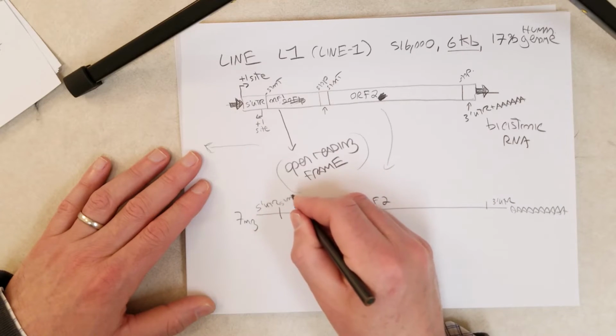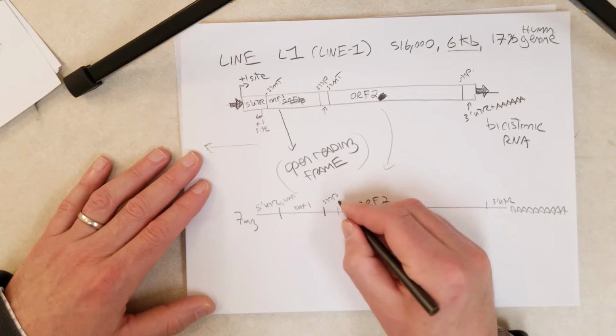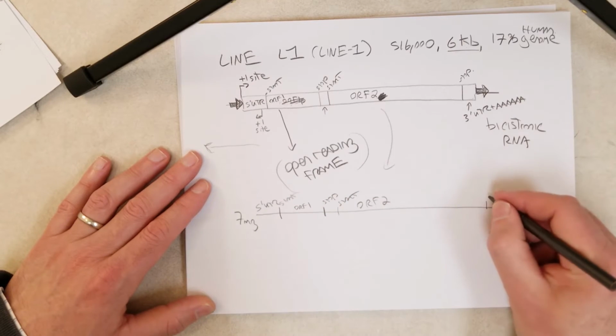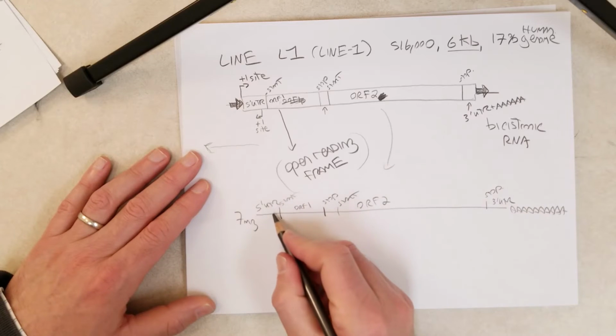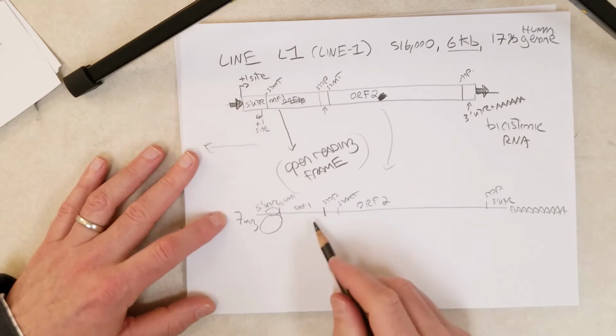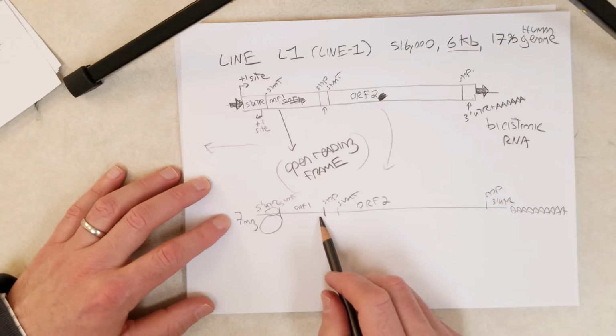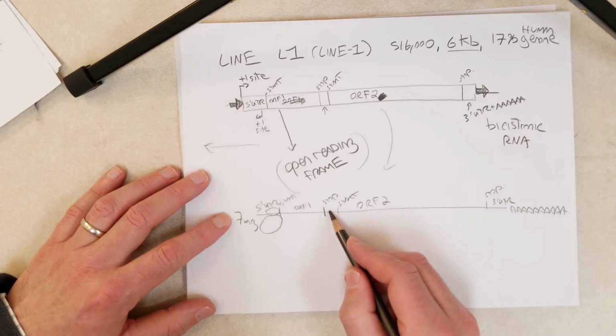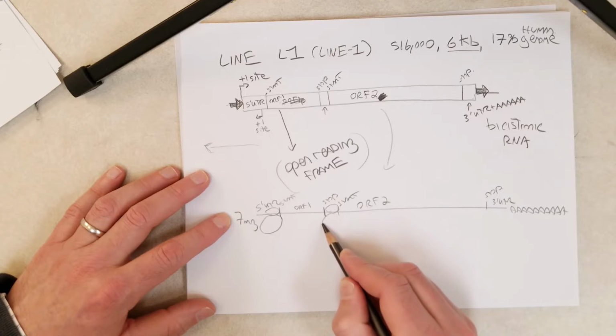So start, stop codon, start codon, and stop codon. So we can imagine ribosomes are going to load on here after this is exported to the cytoplasm. And then ribosomes can load on here too.